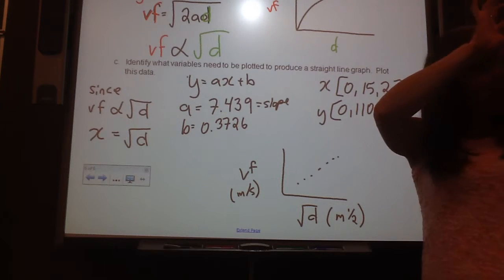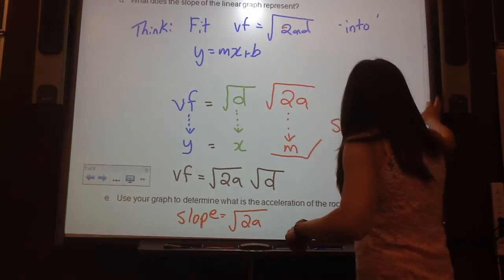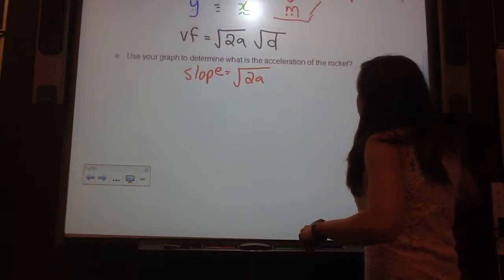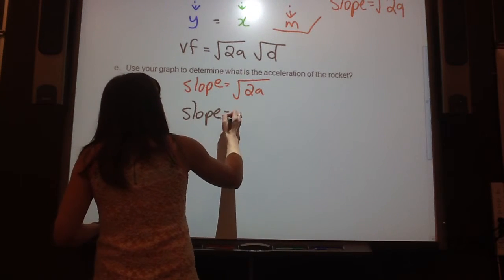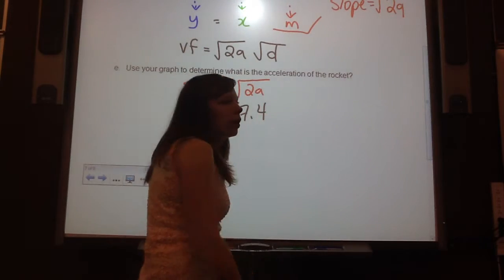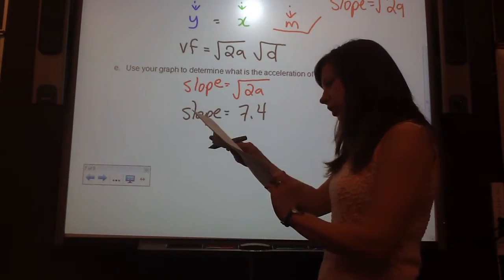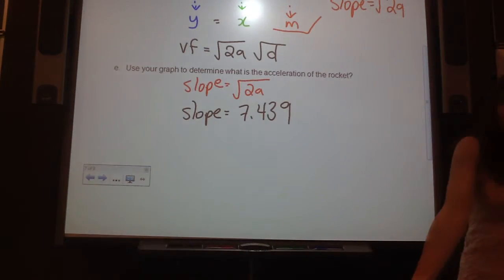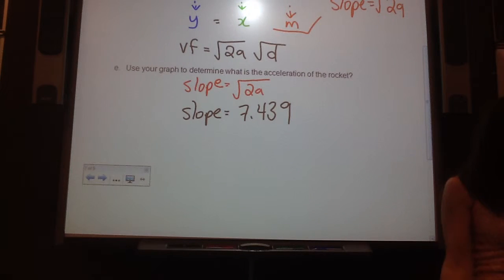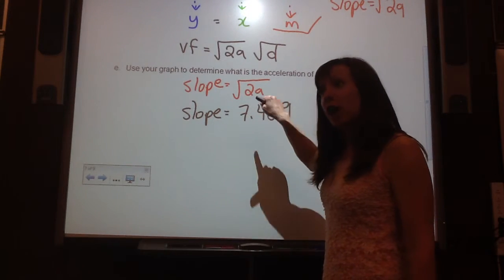I can make them equal to each other now. So I said slope is equal to the square root of 2a, and in the other part, slope was equal to 7.439. And look what the question's asking me: what's the acceleration of the rocket? I can totally figure that out, right?